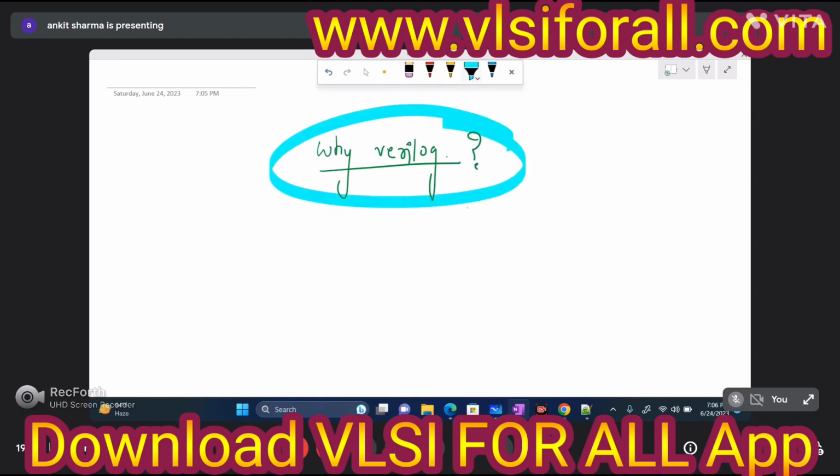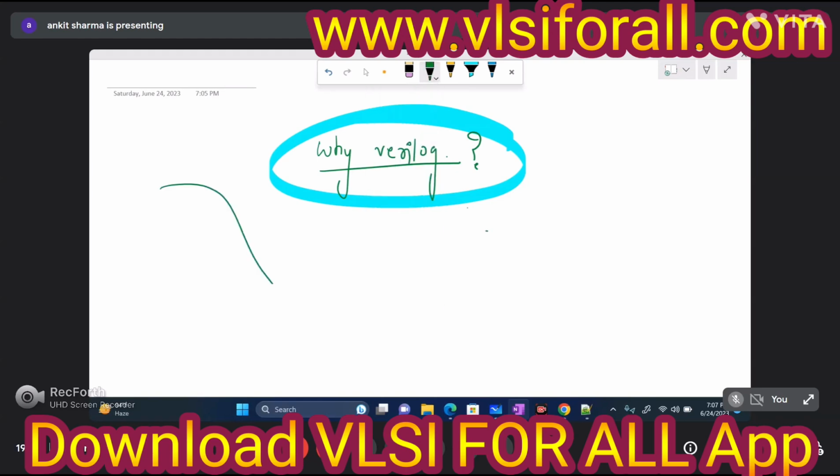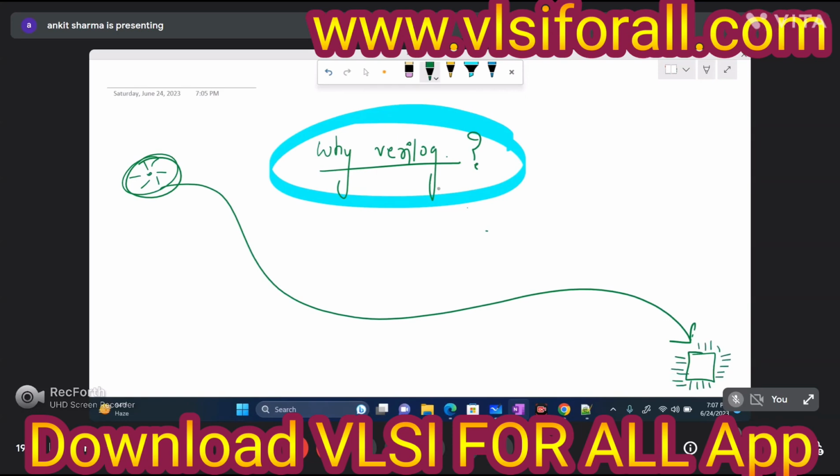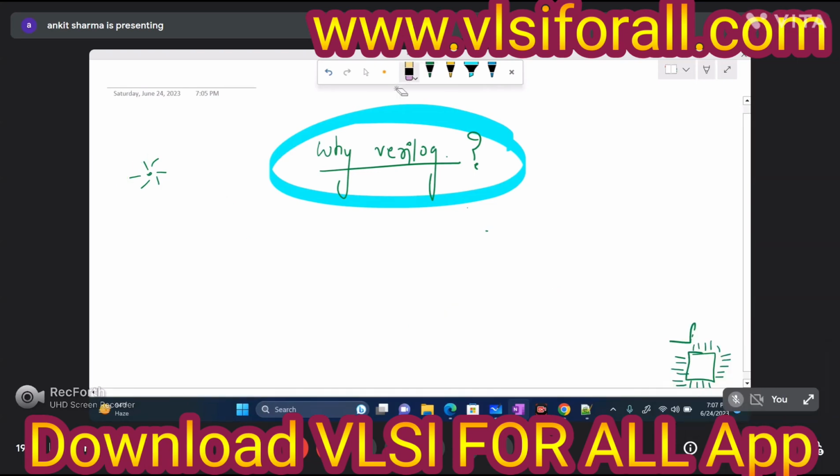And before starting why Verilog, I want to tell you the overall flow technology-wise. That means what is happening in the industry. Because you have perhaps heard only one name, VLSI, VLSI, VLSI. At most you know only the full form.